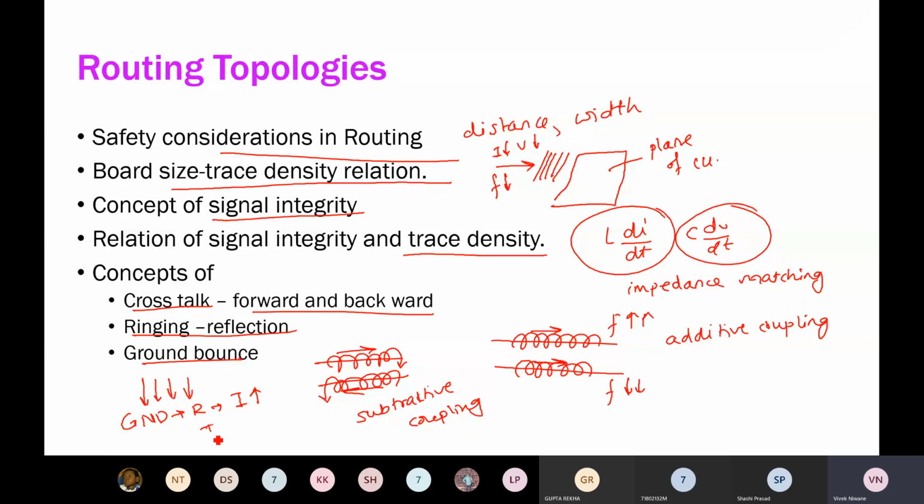Therefore, I can say that there are lots of I square R losses in the ground plane. उसकी वजह से ग्राउंड का वोल्टेज बढ़ जाता है. Therefore we say that it is a ground bounce. Do remember that ground bounce relates to the shift of 0 volt to an increase in the voltage. ये 0 volt जो assume करते हैं वो increase हो जाता है.